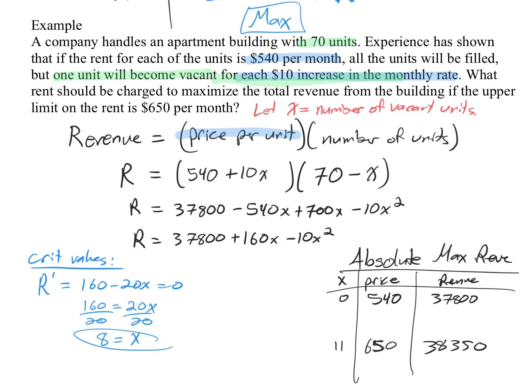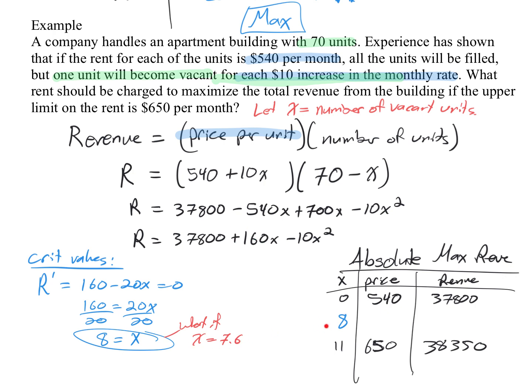Now, this number happens to be a nice integer. Right now, I'm going to put 8 over in the table, but what if x is equal to 7.6? Like maybe that's how the math works out. Maybe instead of this number being 160, it was some other number so that x ends up being 7.6.